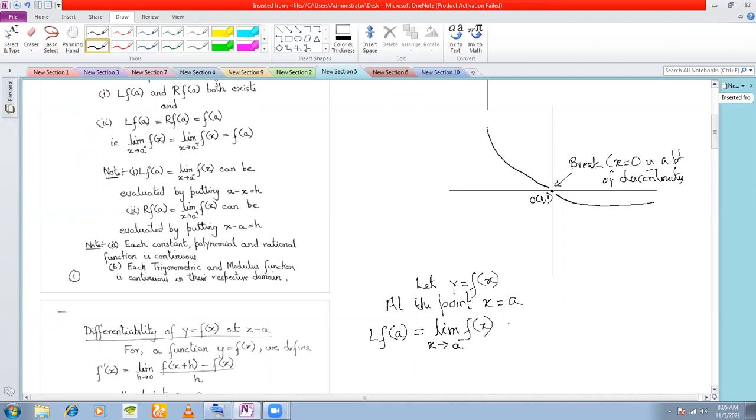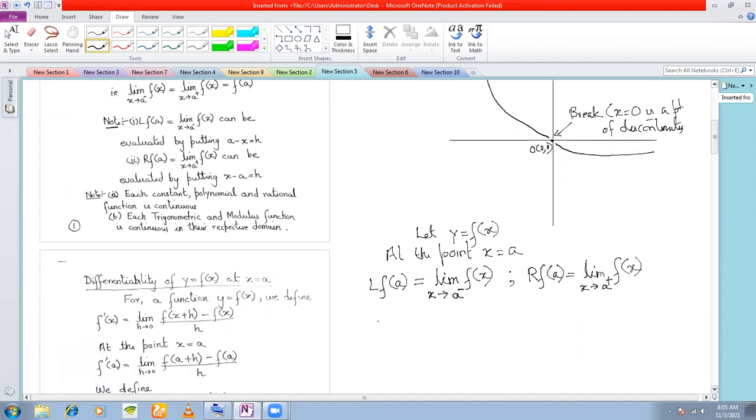You will also find the right-hand limit, which is the limit as x tends to a from values that are greater than a, of f(x). And also you will find f(a).